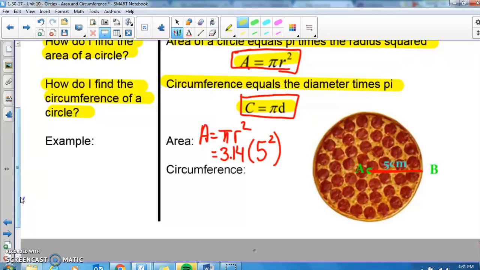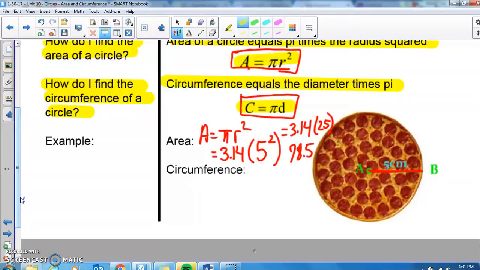Now, if you'd like to use a calculator, you can do this stuff. If you'd rather do it by hand, you can. And all we're going to do now is just multiply the information together. Order of operations, so we have to do the exponents first. So 5 to the second power is 25. That leaves us now 3.14 times 25, which is 78.5.